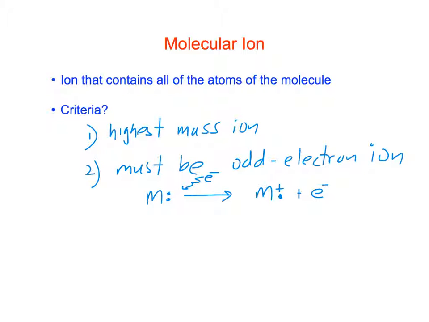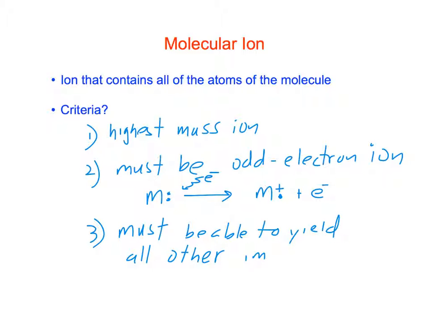Okay, and the third thing, which is hard sometimes because I can't really show how all of the ions are formed, is that the molecular ion must be able to yield all other important ions by logical losses.